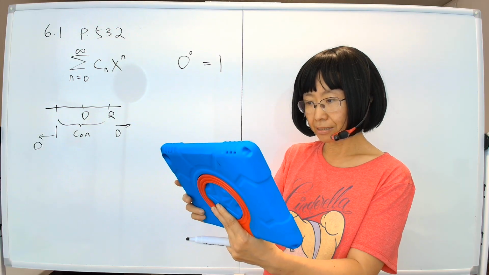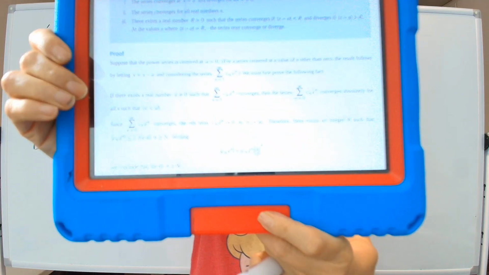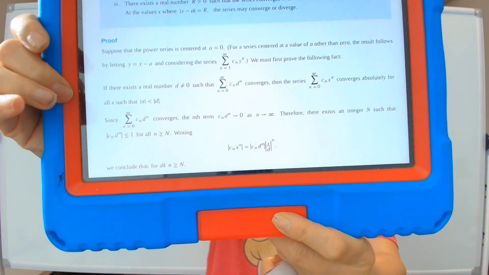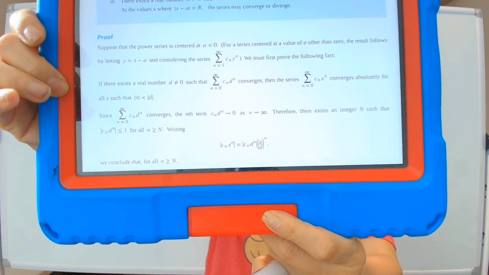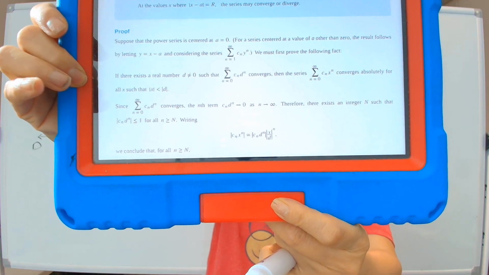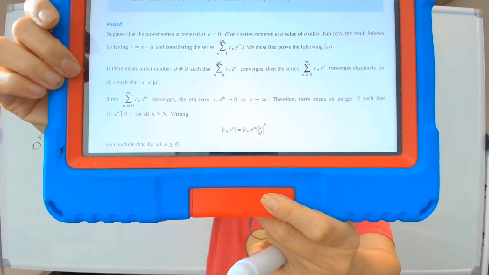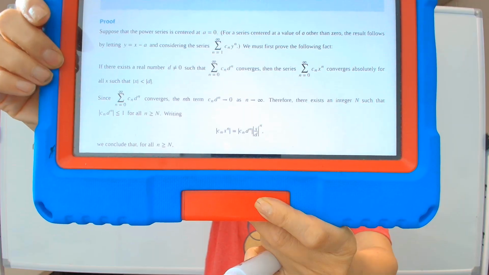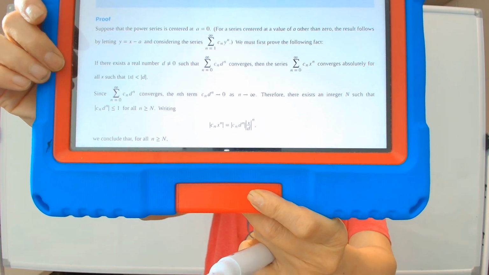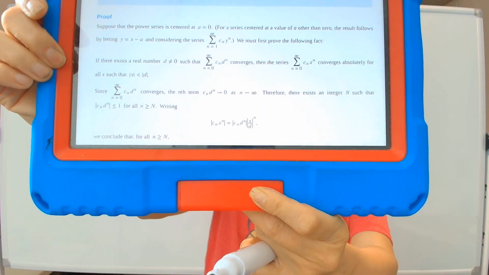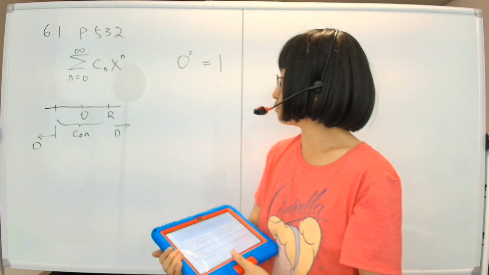Now right here in the book, down here, it says that if there exists a real number d, meaning d is bigger than 0, such that this series converges, then... if it's 0, it's just situation 1, that's not exciting. Now, if there's a number that isn't 0 such that this converges, where you plug the d into x, then the series converges for everything that's less than the absolute value of d.